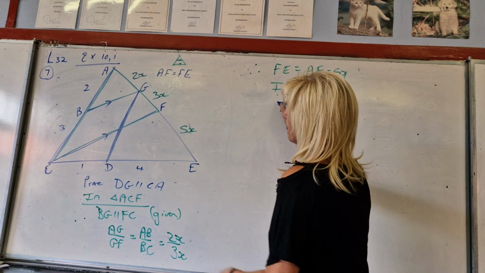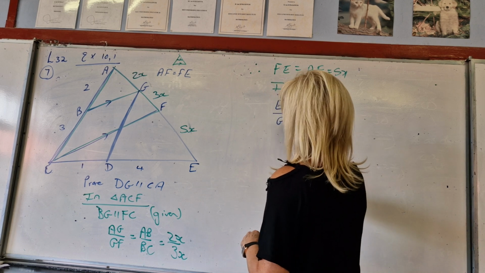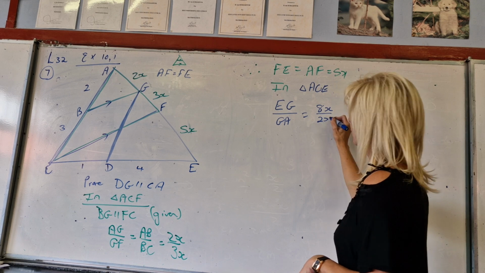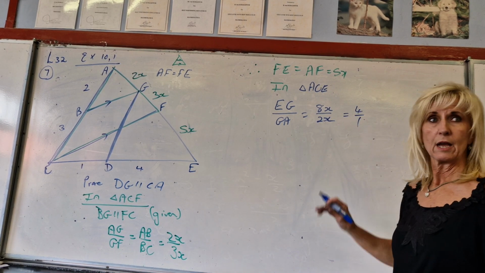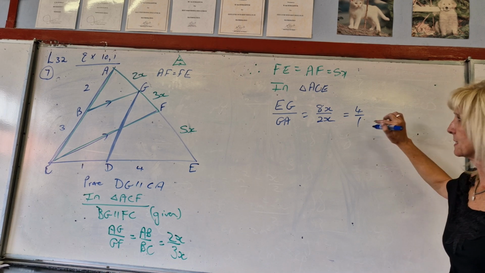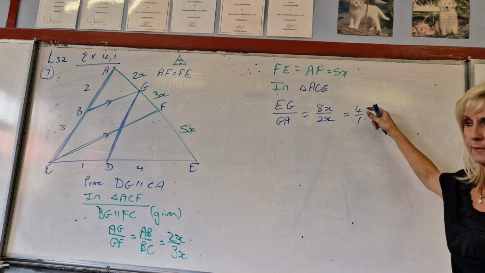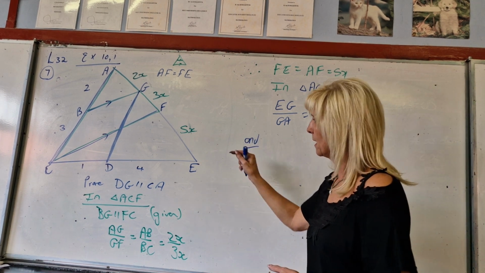So I'm going to say for instance, EG over GA is, read with me, meaning 4 over 1. Because here I don't have to have the x's. Even there I don't have to have the x's because it's a ratio. And then, what's the other one then?